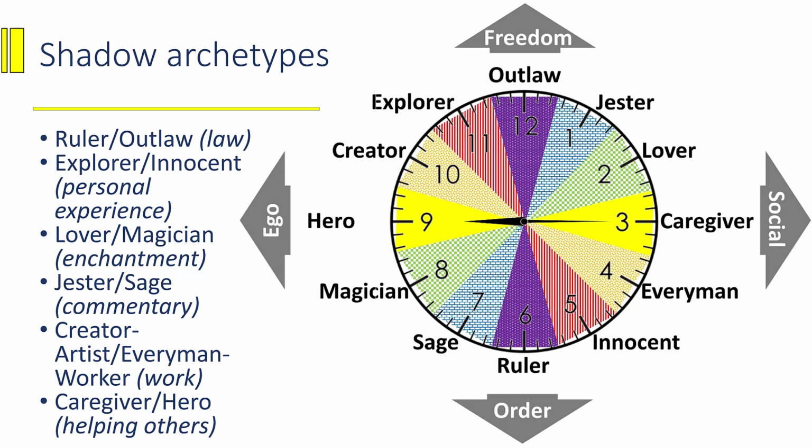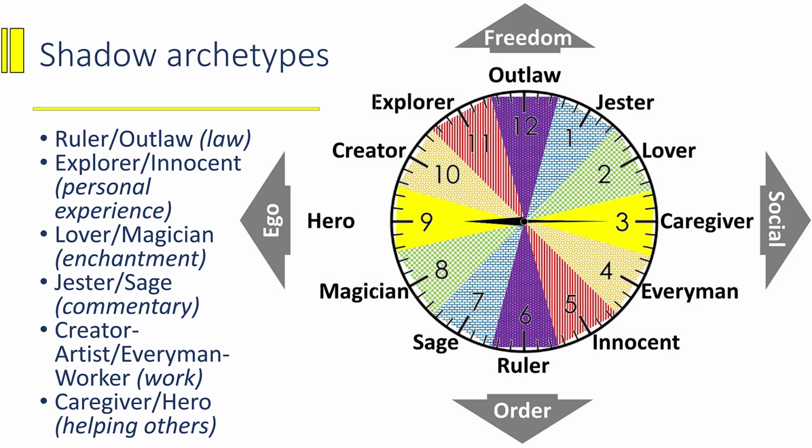The outlaw represents more freedom. The ruler represents more order. Focus on personal experiences shadows in the explorer, more freedom and ego, and the innocent, more order and social. Enchantment can come from a lover, more freedom and social, or a magician, more ego and order.